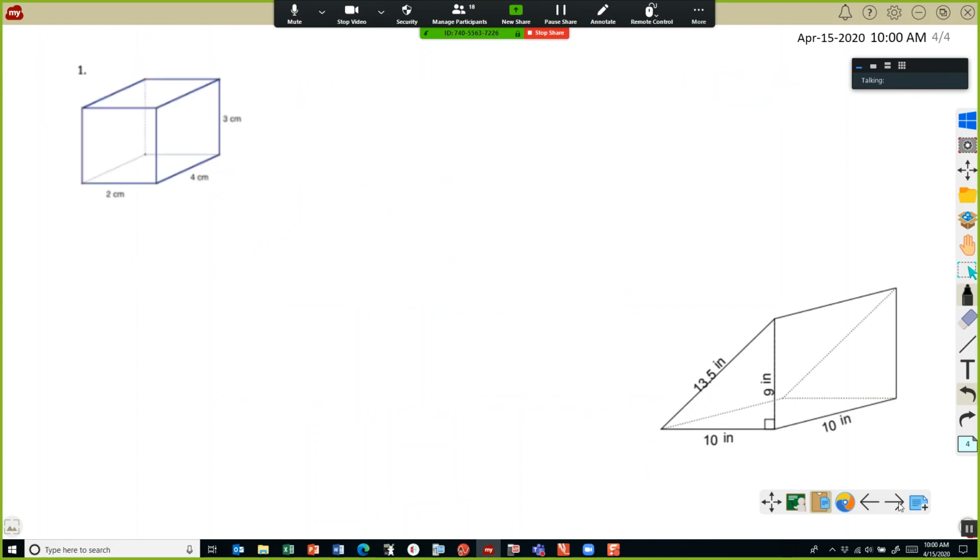Okay, if I go back to here, so for example, here we've got a prism again. Wow. I'm sorry guys, my computer's being really laggy. Let's try that again.